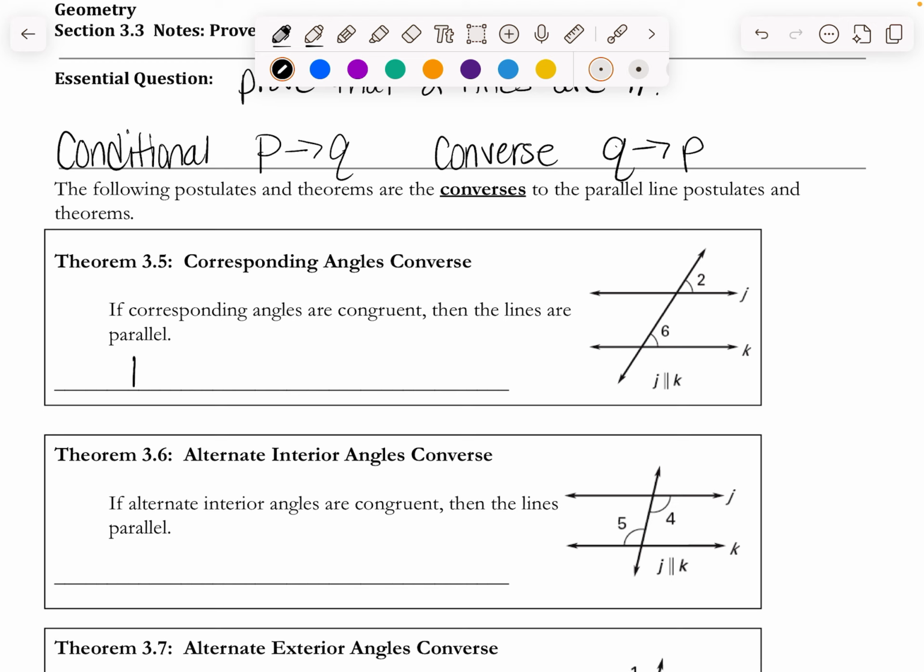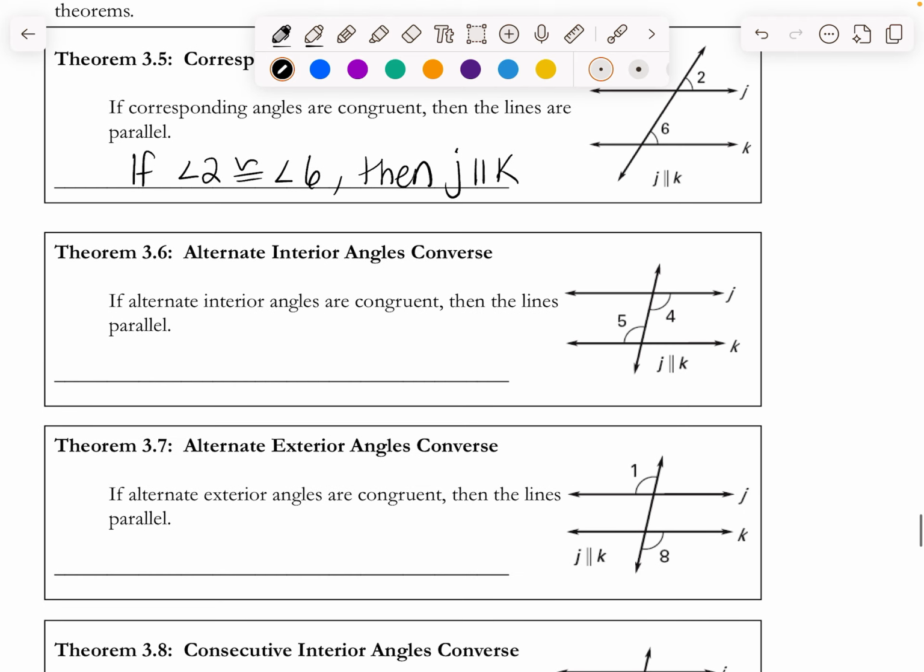So looking at this example picture, it would be if angle 2 is congruent to angle 6, then J is parallel to K. The alternate interior angles converse says that if you have these angles and they're congruent, then these lines must be parallel. So if angle 4 is congruent to angle 5, then J is parallel to K.